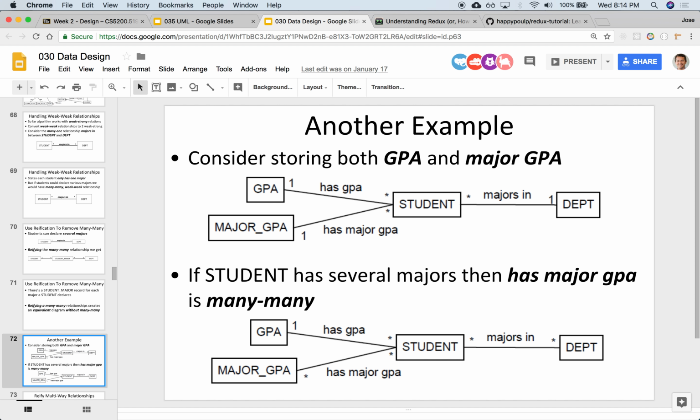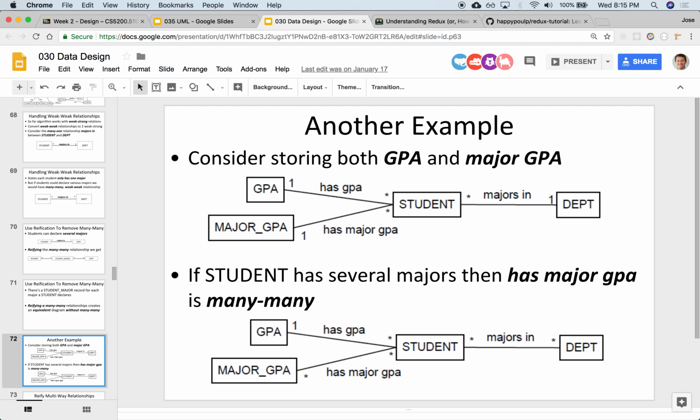So another example where we might capture, if we have a many-to-many, what if we want to capture also the GPA, right? If in the one-to-many relationship, it makes sense to capture a single major GPA, right? Because you are enrolled in a single department, you only have one GPA, right?